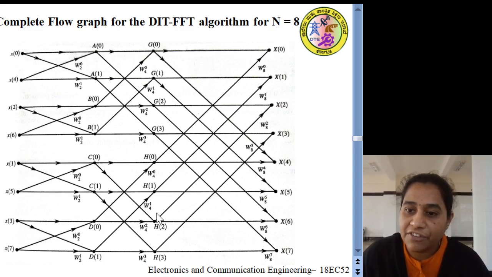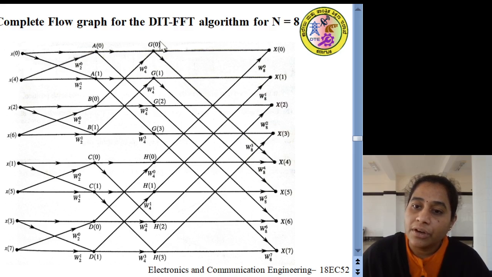So in the first stage of decimation, x of 0 to x of 7 is converted into two 4-point DFTs, g of 0 to g of 3 and h of 0 to h of 3. So g of k and h of k. So x of k is the n-point DFT, and g of k and h of k are n by 2 point DFTs.